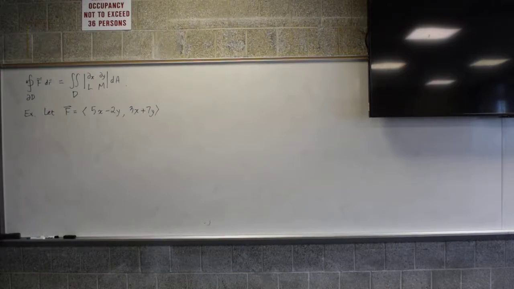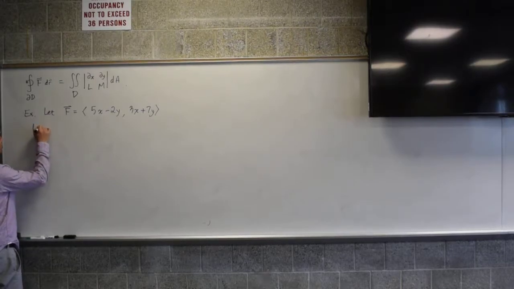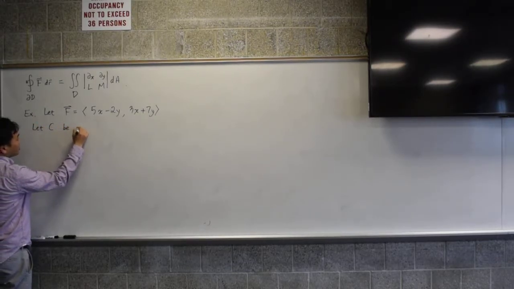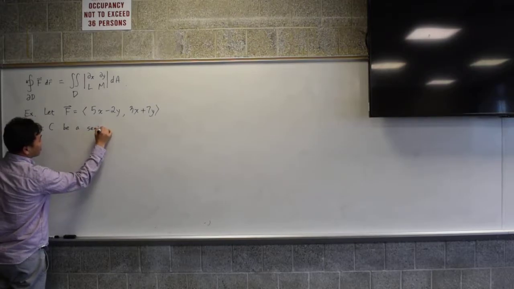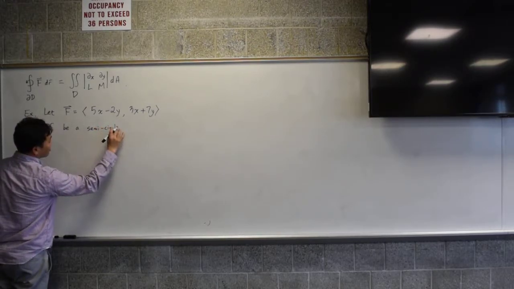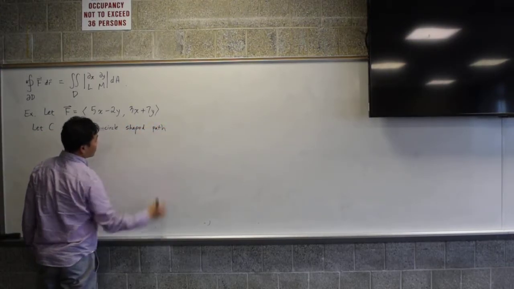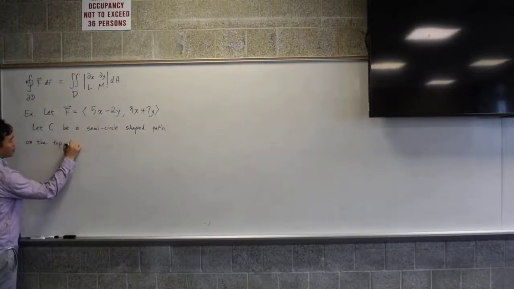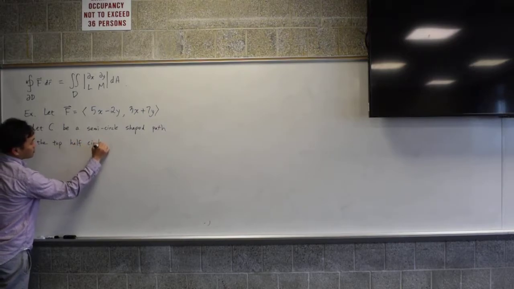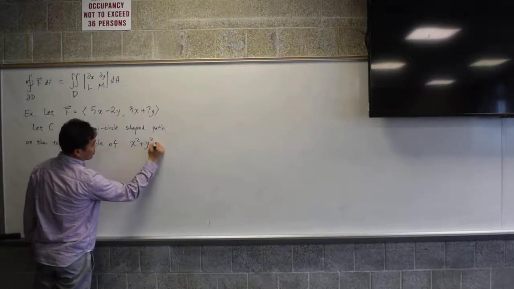And then let C be a semicircle-shaped path on the top half circle of x squared plus y squared equals 4.